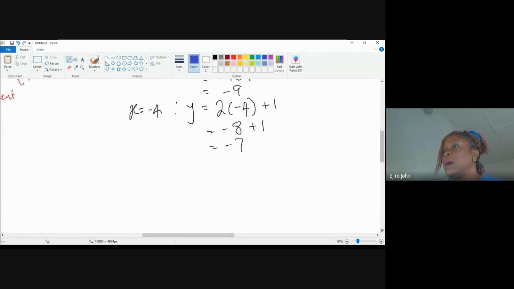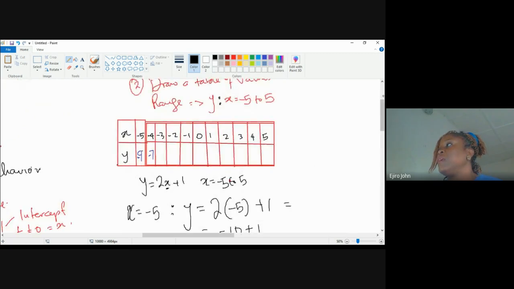Okay, so we'll have x equal to -3. So y equals 2 times -3 plus 1, giving us -6 plus 1, which is equal to -5. So we'll come here and slot in -5.